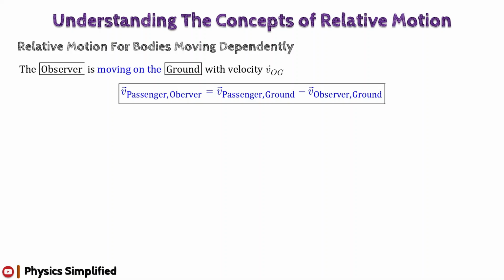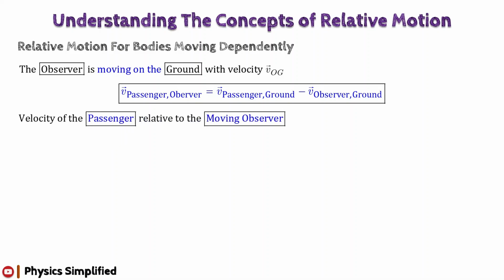We have already calculated the velocity of the walking passenger inside a moving train relative to the ground. So, substituting this expression, we obtain the velocity of the passenger walking inside the moving train, relative to the ground-based moving observer as vector v suffix po is equal to vector v suffix tg plus vector v suffix pt minus vector v suffix og.